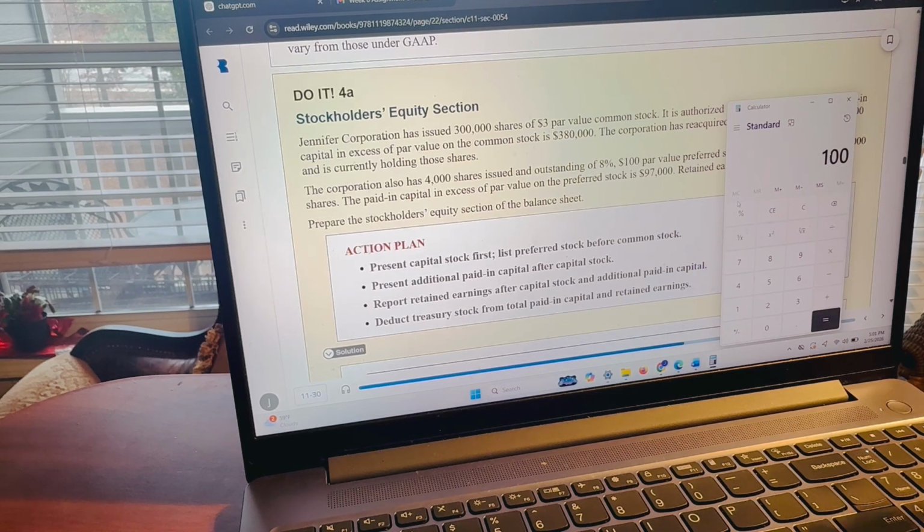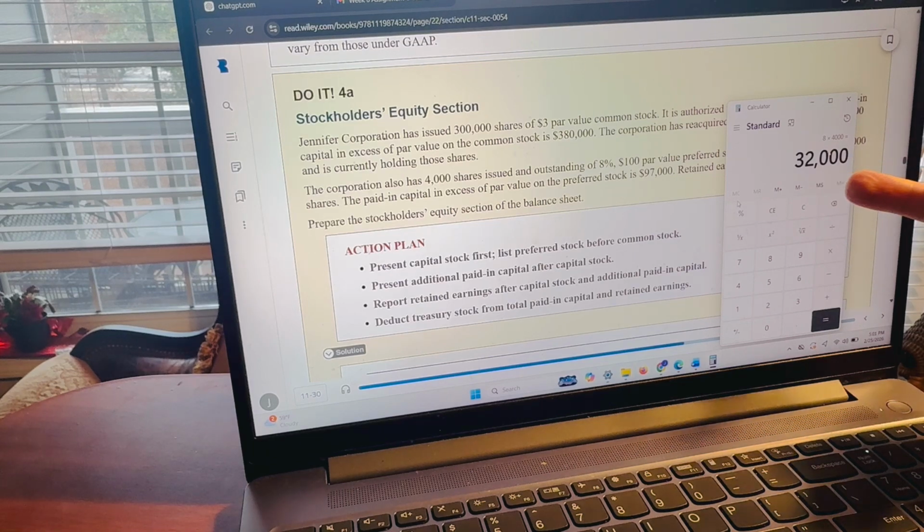So you would take that $100, multiply it times the 0.08 to get 8%, and that means that investors are owed $8 annually per share on preferred stock on this one specifically. So they're owed $8 per share, and they've issued 4,000. So you'd multiply by the 4,000. That would mean their total dividend distribution annually to their stockholders would be $32,000.